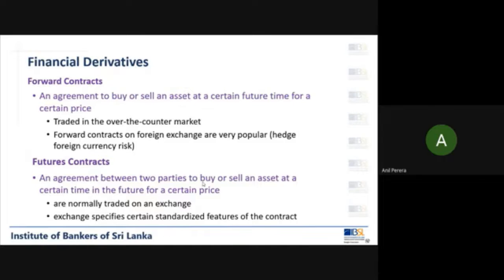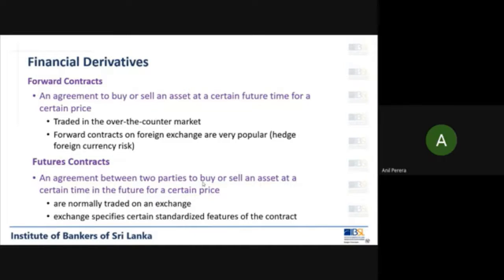For example, if you want to import Brent oil at a specified quantity, you can enter into a futures contract for 3 months, and the price is decided between the buyer and the seller in the trading system at the exchange.